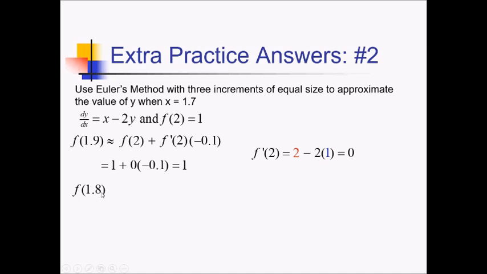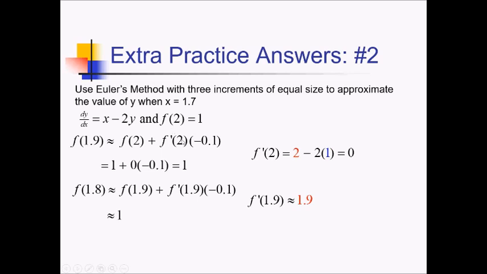So that's going to be approximately equal to f of 1.9 plus f prime of 1.9, the slope there, times our step size, which hasn't changed, still negative 0.1. F of 1.9, we just found it approximately. It equals 1 almost. And then for f prime of 1.9, we have the x value 1.9 minus 2 times the y value that goes with it.